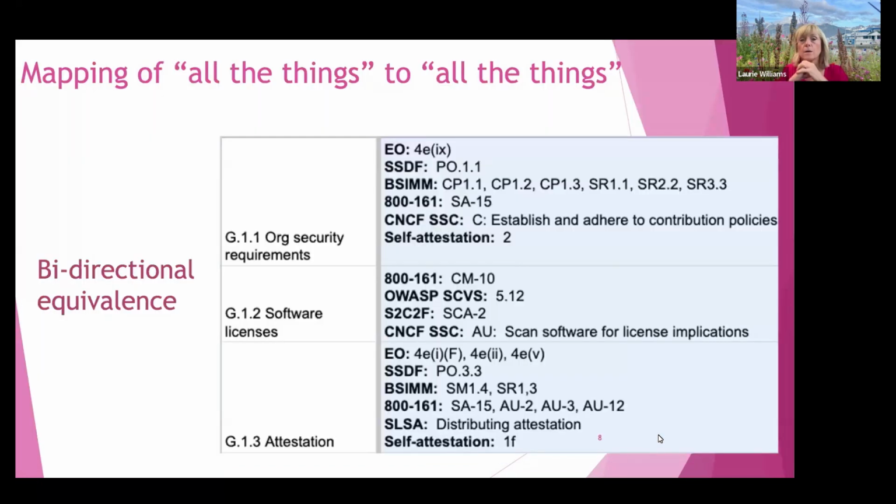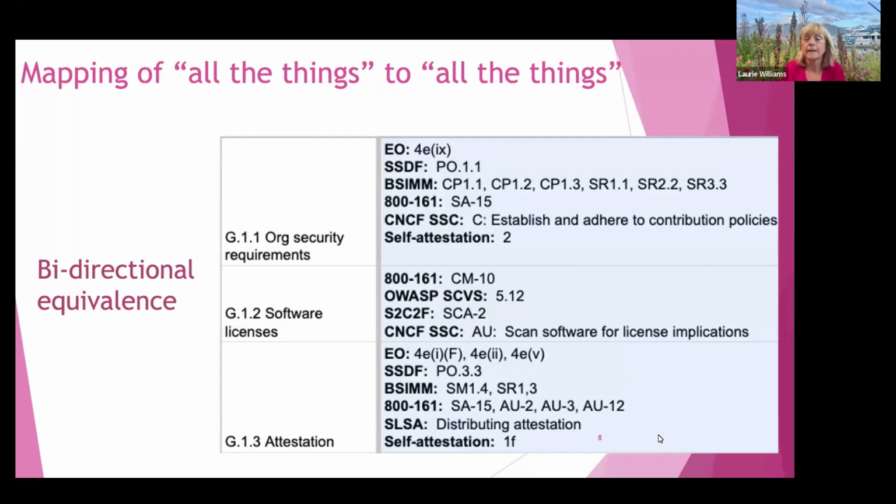I'll show you what the framework looks like a little bit more in a moment, but what I did was map all the things to all the things, very much a many-to-many mapping, using what NIST would call bidirectional equivalence. So the same task, like they're at the same level. It's not a part-whole. There's not some other relationship.